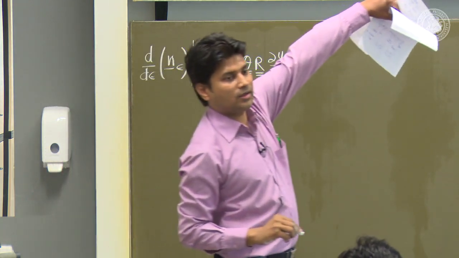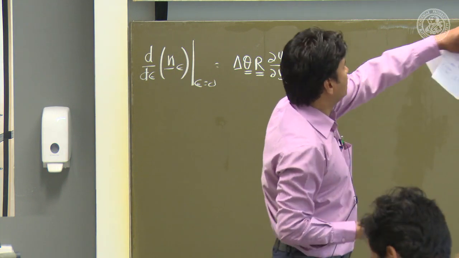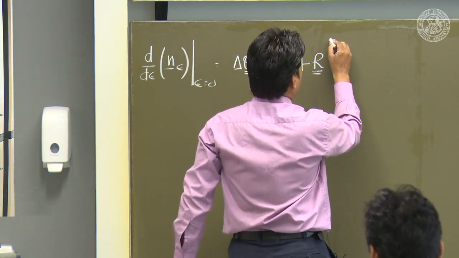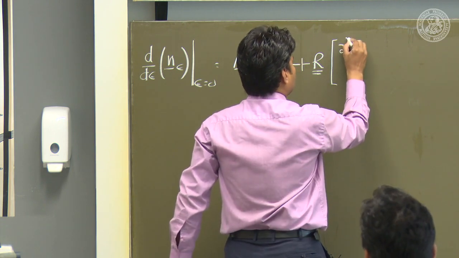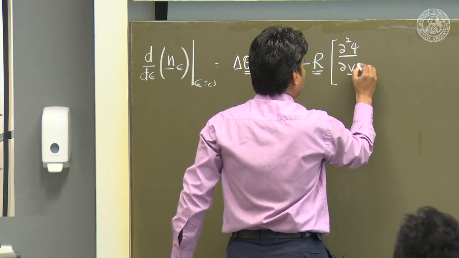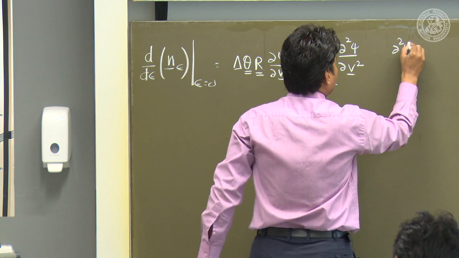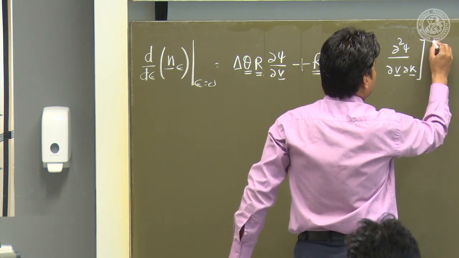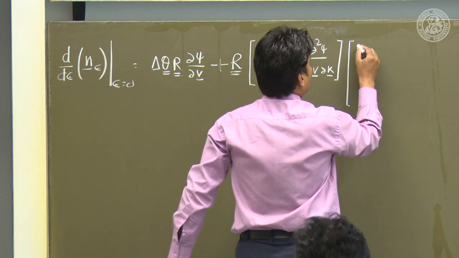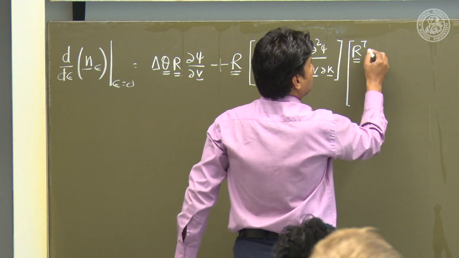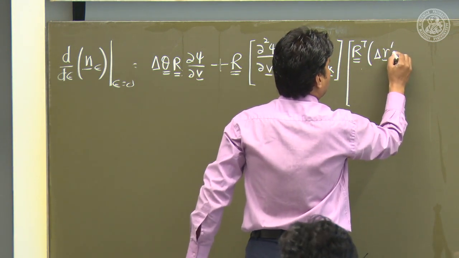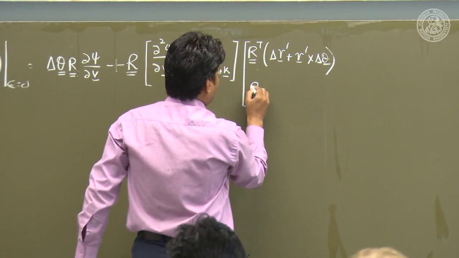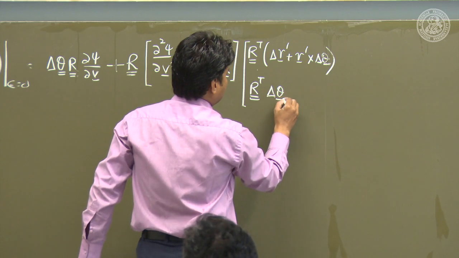That comes from the first term over there, and the second term is then going to give you plus big R times del 2 psi over del v 2 and del 2 psi over del v del k, multiplied with big R transpose of delta r prime plus little r prime cross delta theta, and big R transpose of delta theta prime.